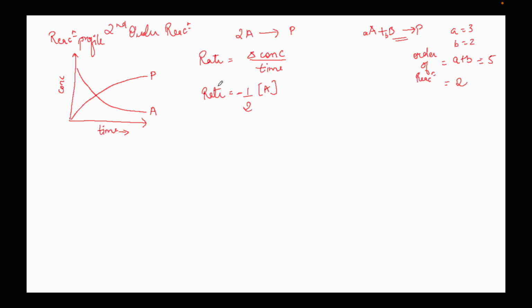The rate will depend upon the reactants and there will be a negative sign, because the reactant concentration is decreasing over time. And this 1/2 denotes the 2 here; it will go in the denominator. So here also the rate will be minus 1/2 of the change in A.